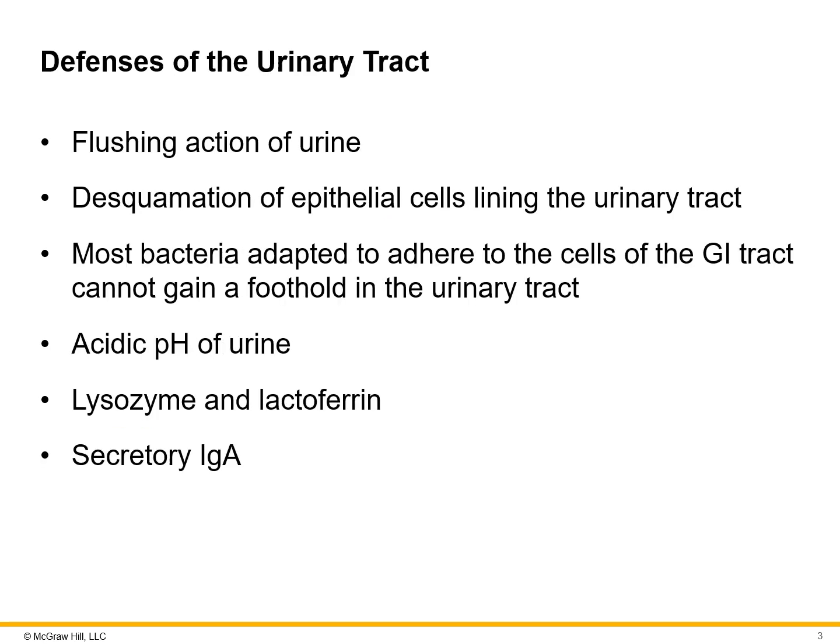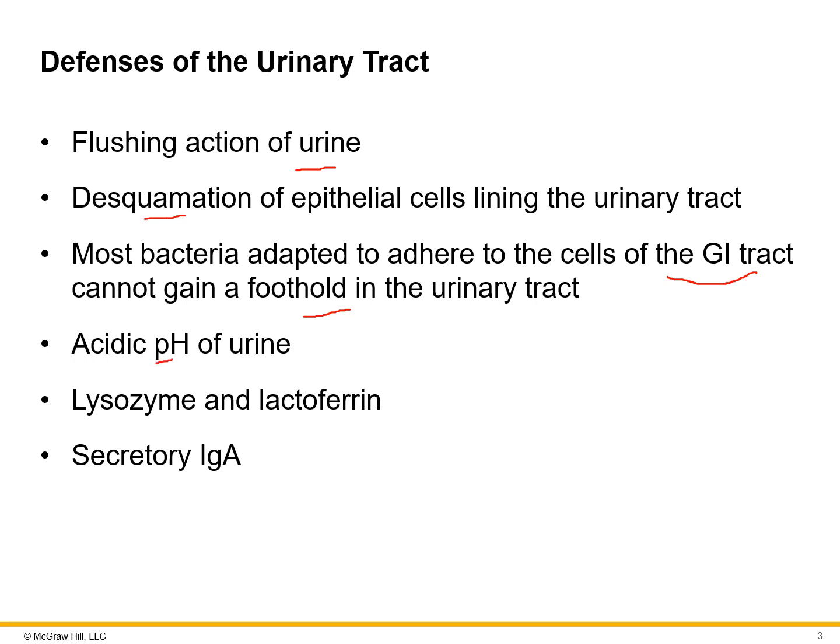Looking at the defenses of the urinary tract, mainly here with the urine, flushing and removing bacteria from the system. They also, of course, are lined with epithelial cells, but they have this desquamation of those, and that makes it hard for a lot of bacteria to gain a foothold. So particularly the bacteria adapted that can adhere to the GI tract, they cannot gain a foothold in the urinary tract due to the different lining experience there.